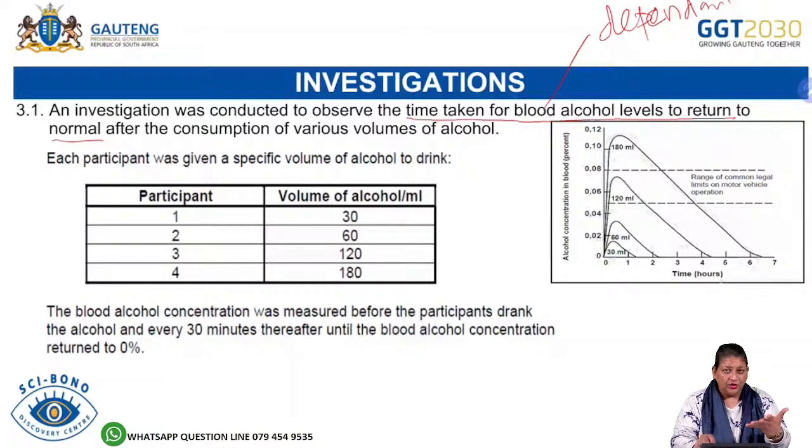So the more alcohol you drink, the longer it takes for the blood concentration of alcohol to go to 0. Can you see it's taking longer, because there's more alcohol in the blood. So if somebody goes out after Christmas and drank maybe 3 glasses of alcohol, and somebody else drank a small little sip, then the one who drank a small sip, by the time they go and drive, there'll be no alcohol in their breath or in their blood.